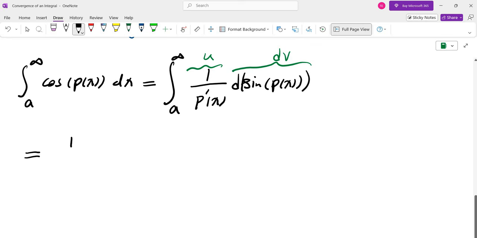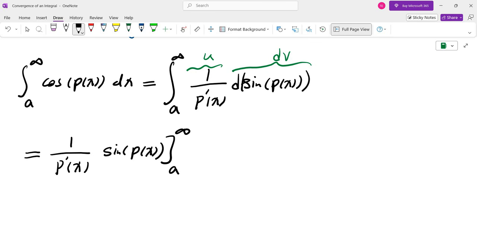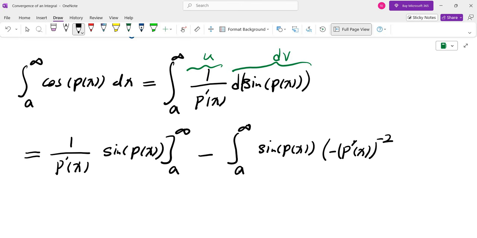We get uv, 1 over p prime of x sine of p of x from a to infinity, minus the integral from a to infinity of v, which is sine of p of x, times du. So I have to differentiate that. The derivative of that is negative p prime of x to the negative 2 times p double prime of x, all of that dx.